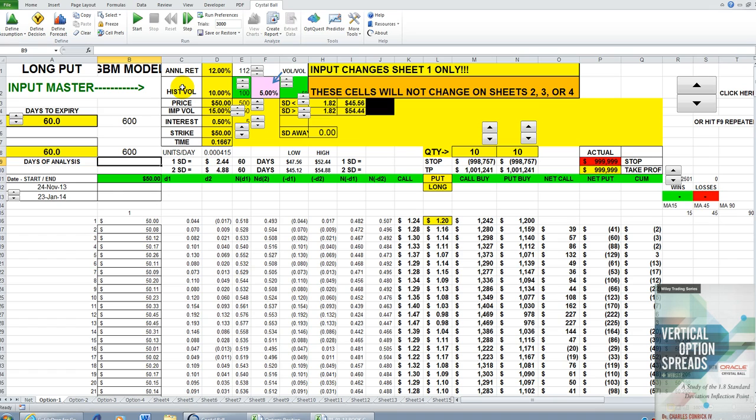I've left historical or actual volatility, in other words what the volatility of the asset really has been, at 10%. And I've put in the pink cell next door the volatility of the volatility at 50%.